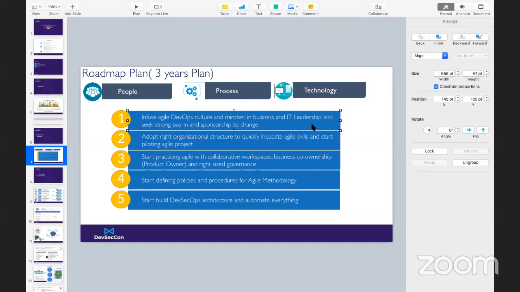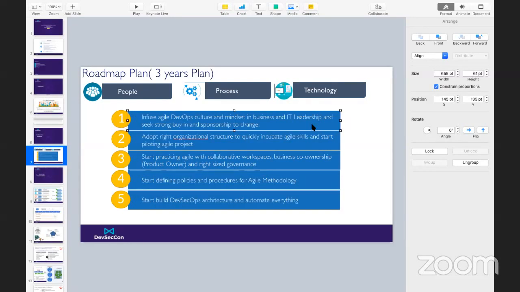So first, we need to seek strong buy-in from the management level. Second, we need to adopt the right organization structure to quickly incubate the agile skill. Third, we need to start defining policy and procedure for agile methodology and also DevOps, because we are in the banking industry, a highly regulated industry.